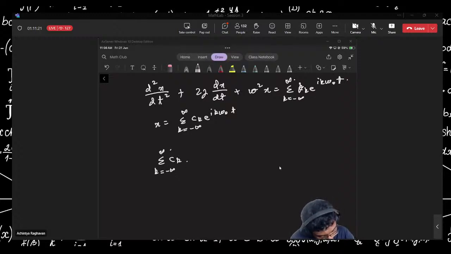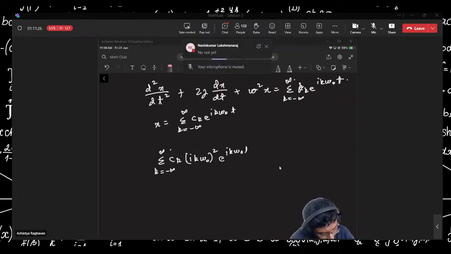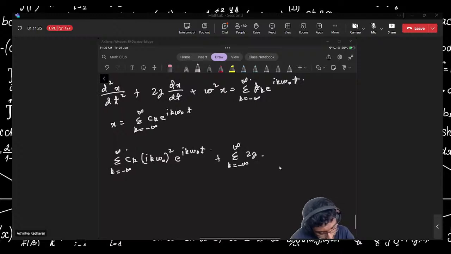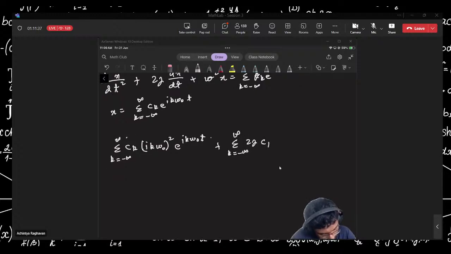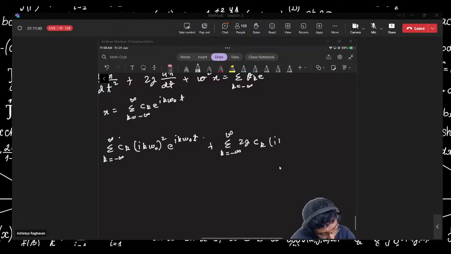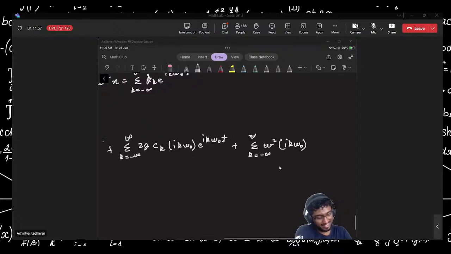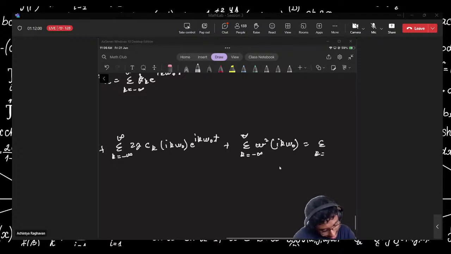So it becomes ik omega naught squared e power ik omega naught t, the second derivative, summation, plus summation k going from minus infinity to infinity 2 gamma ck ik omega naught e power ik omega naught t, plus summation k going from minus infinity to infinity omega squared ck e power ik omega naught t, equal to summation k going from minus infinity to infinity.